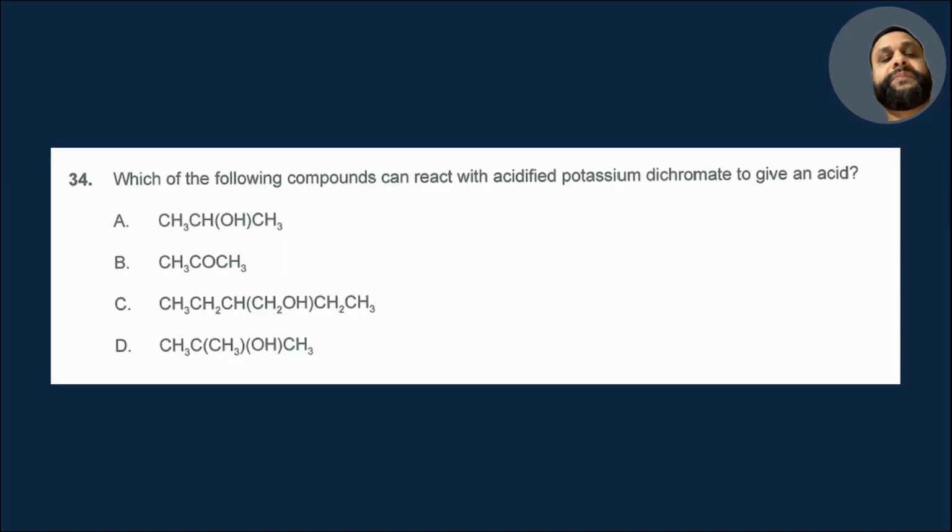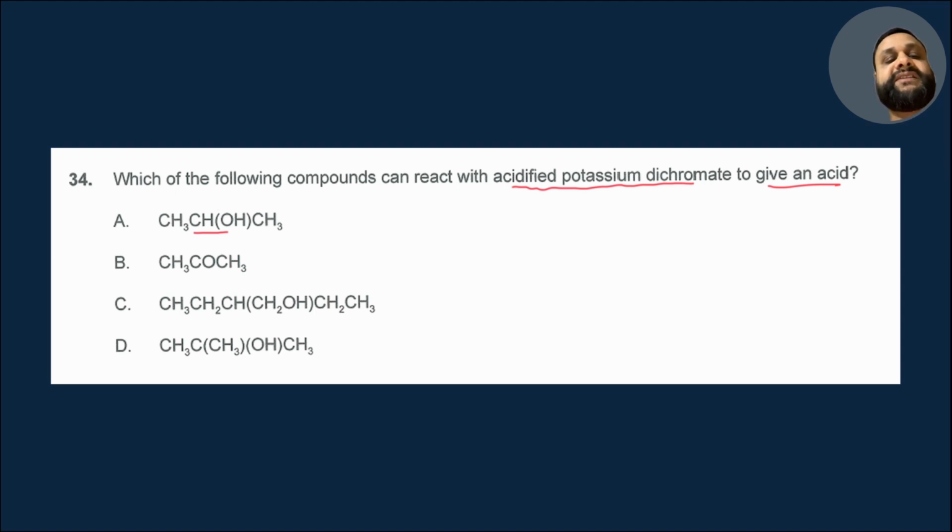Question 34. Which of the following compounds can react with acidified potassium dichromate to give acid? So we're looking for primary alcohol or aldehyde. Let's look at option A. Option A is a secondary alcohol because the carbon attached to OH has 1 hydrogen, or that carbon is attached to 2 other carbons.